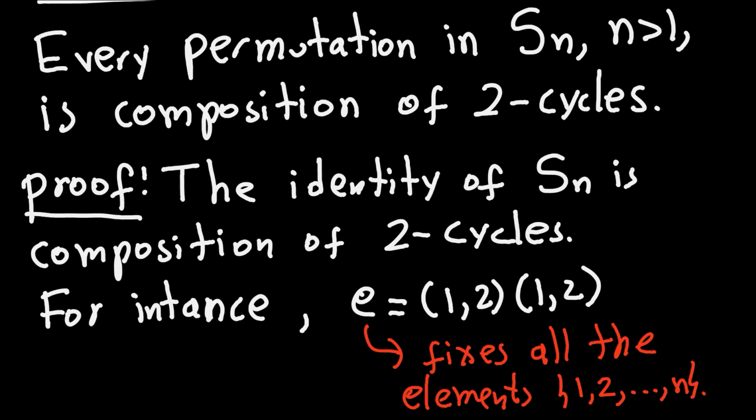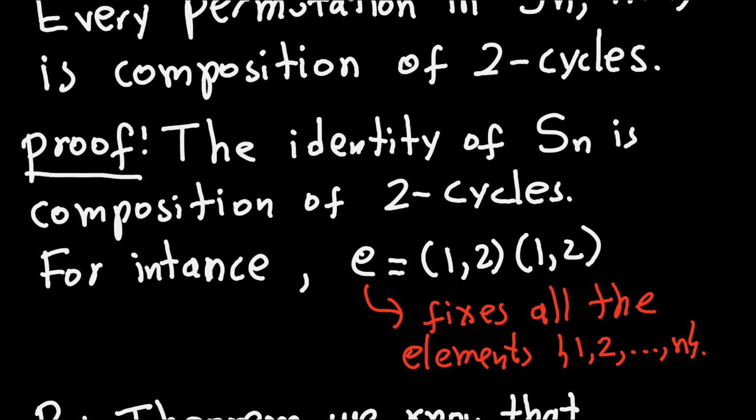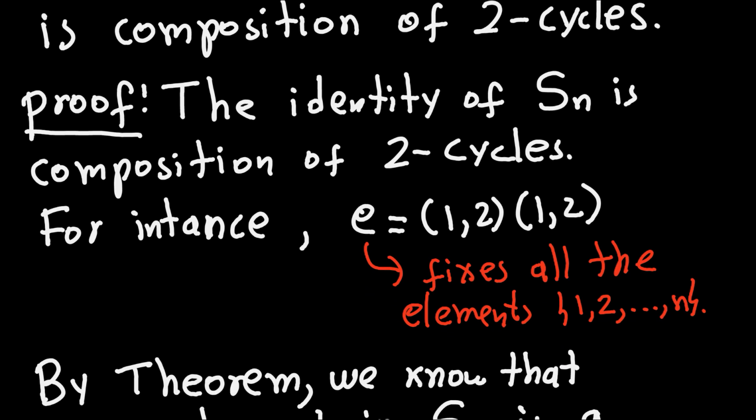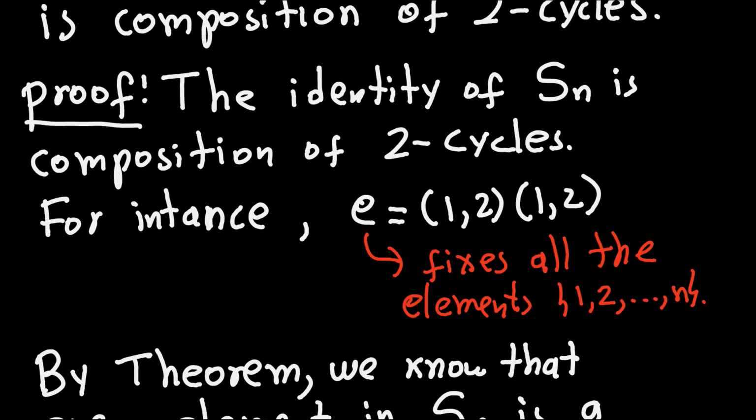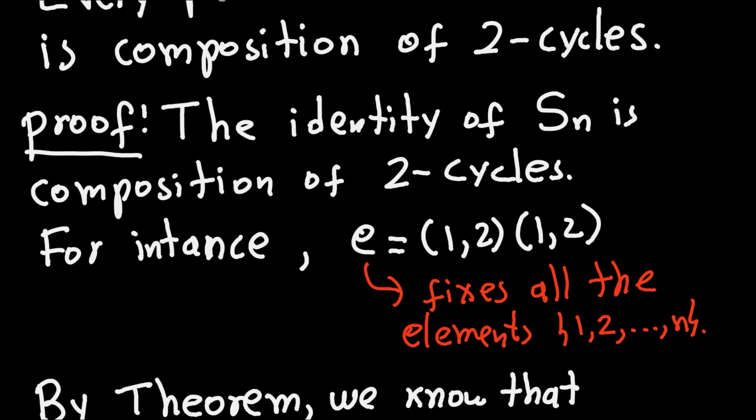All right, so this theorem, I'm going to prove it, and you will see why. The idea is quite clean. So every permutation in Sn is a composition of 2-cycles. Let's start with the identity and look at how we express the identity in Sn as a composition of 2-cycles.